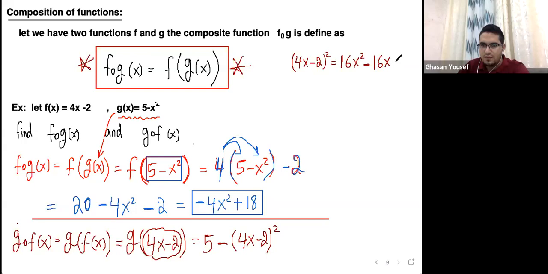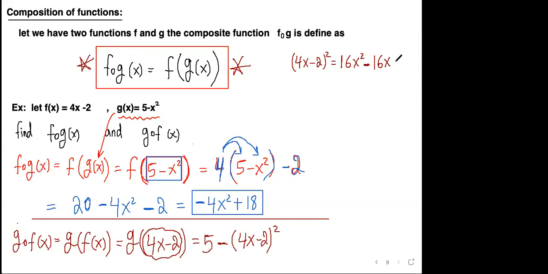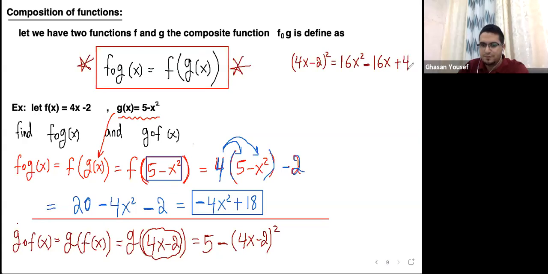Then plus 4. The first term squared plus the second one squared minus 2 times the first term times the second term. So this is equal to 5 minus this here, 16x squared minus 16x plus 4.